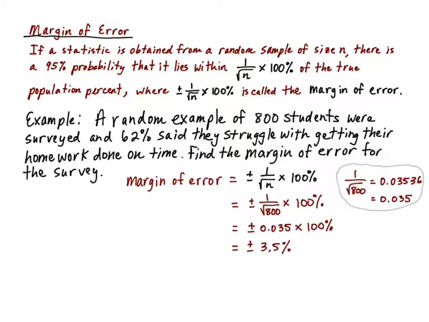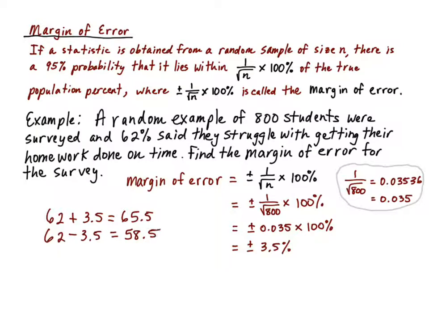So what is that saying here? Well, basically, we're 95% sure that we're within 3.5% of the true value for the whole population. So basically what we should do is take 62 and add 3.5, so that would be 65.5%.